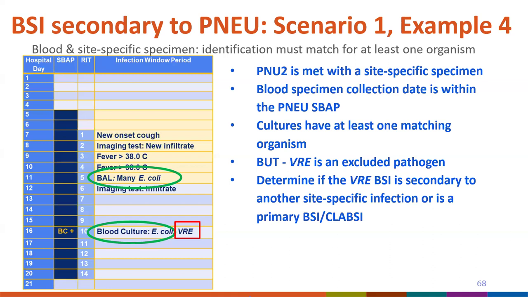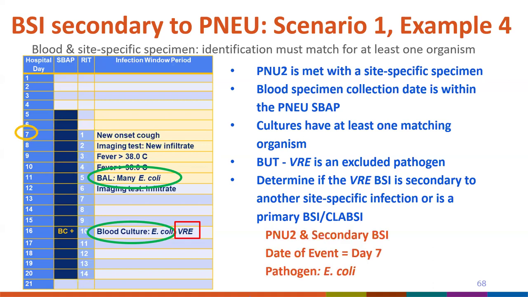Instead, you will have to determine if the VRE can be attributed as a secondary pathogen to another site of infection or report it as a primary BSI. And in this case, the determination is NEW2 with a secondary BSI with only E. coli as the pathogen.